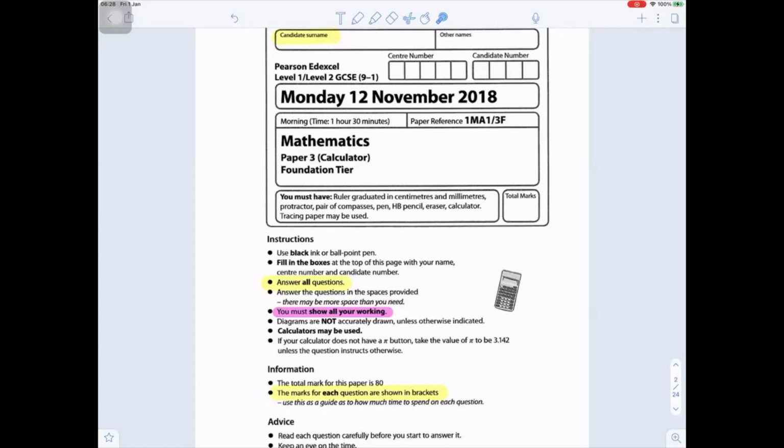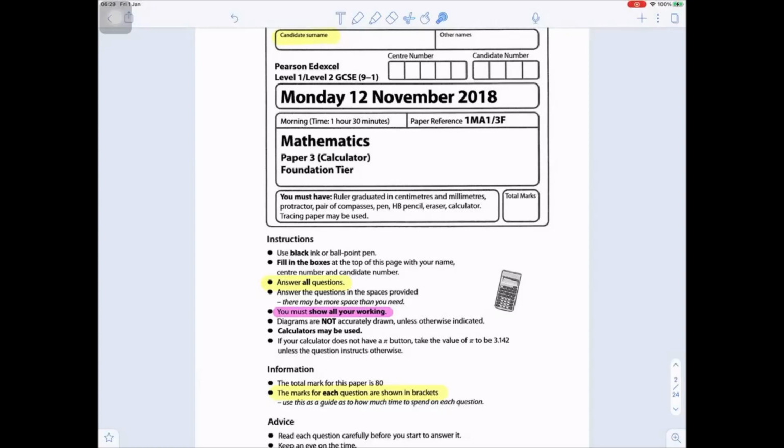And then the next one I've highlighted there, the marks for each question are shown in brackets. Use this as a guide as to how much time to spend on each question. Because the paper is for 1.5 hours and it is 80 marks.